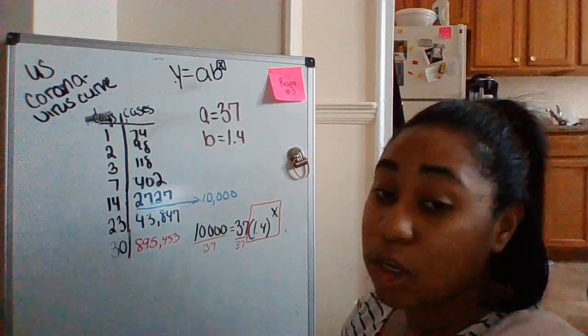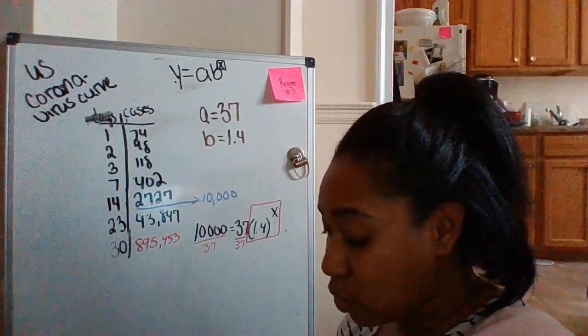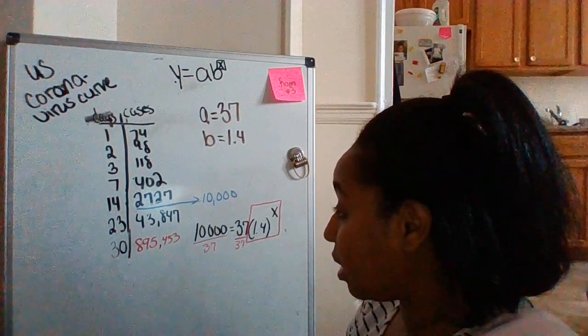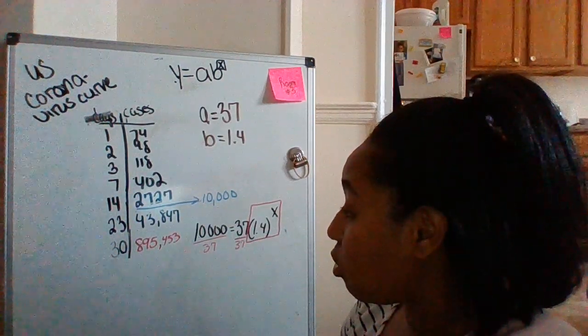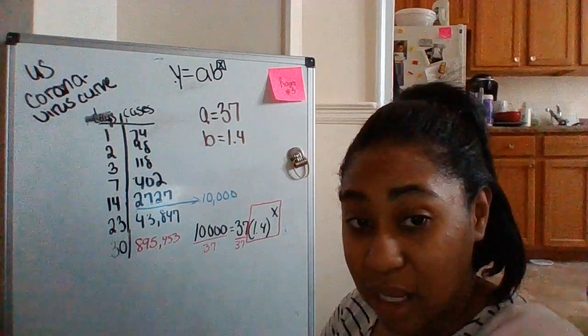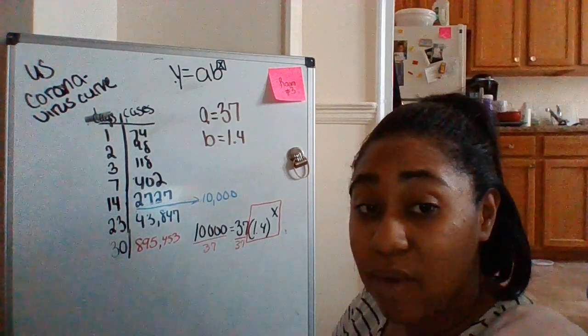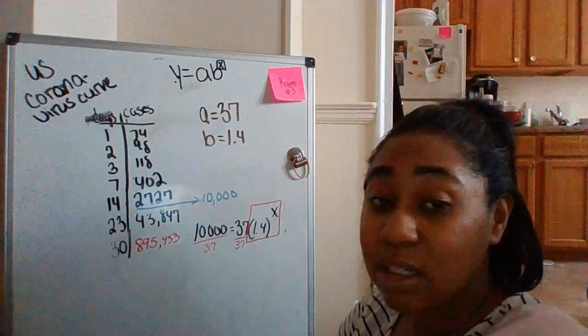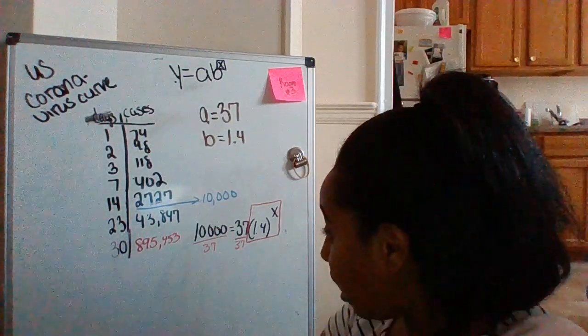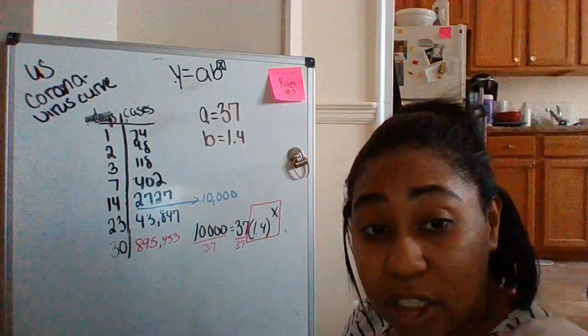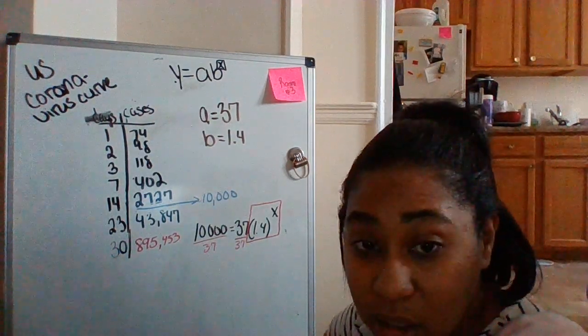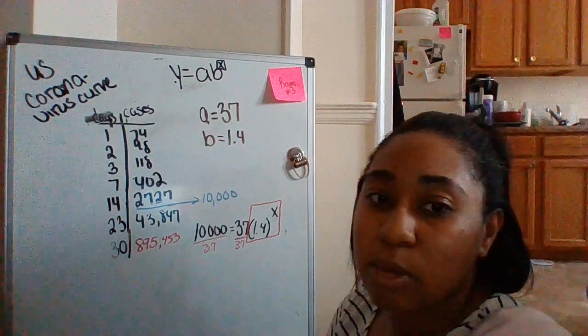Now at this point, you can use a calculator if it makes the problem easier to know what 10,000 divided by 37 is, and you can just use that single value as an estimated decimal. That's perfectly fine. I'm going to leave it as a fraction because I'm going to be using the Desmos calculator, so it's going to tell me what that number is regardless.